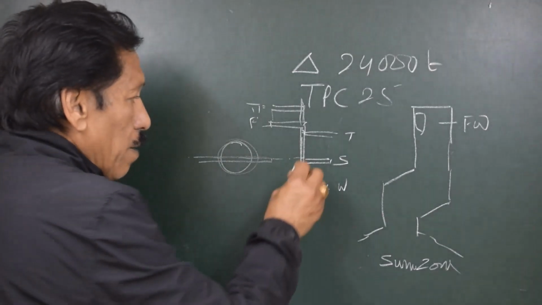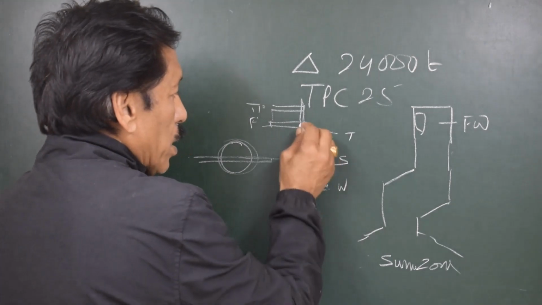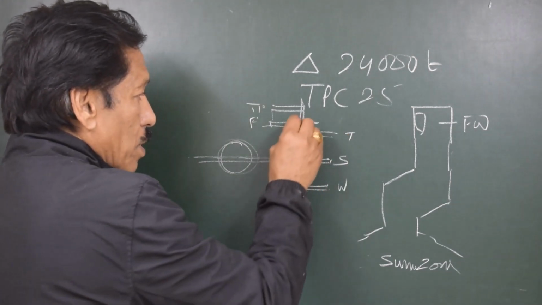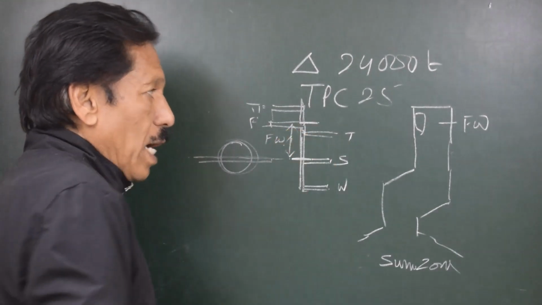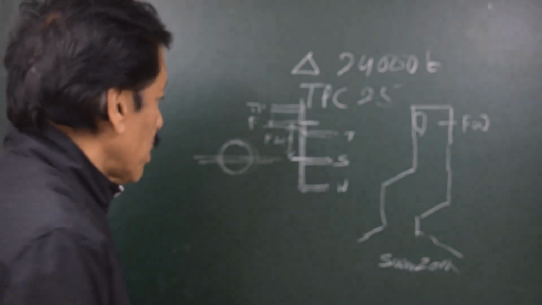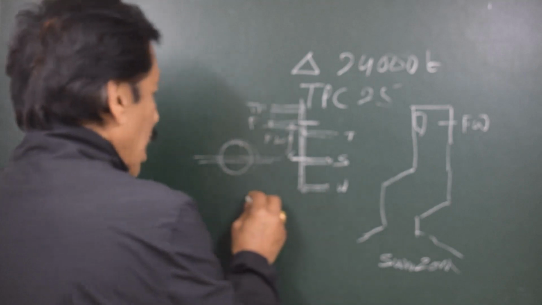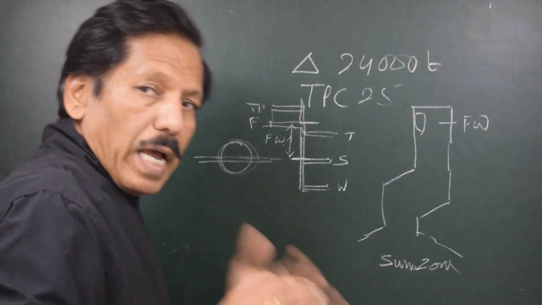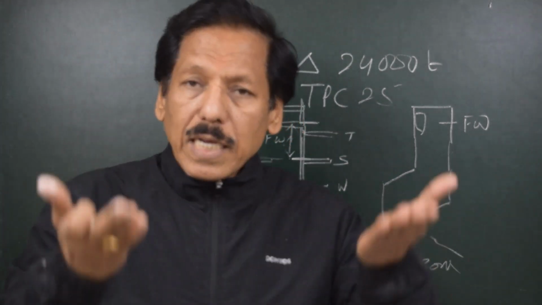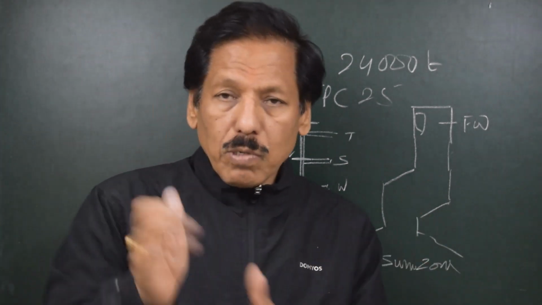So probably from this point to this point, what you have is a freshwater allowance. That is what is asked, how much you are allowed to submerge. So as simple as that, you are allowed to submerge by an amount equal to the freshwater allowance, because that is the amount the vessel will rise when the vessel goes from freshwater to saltwater.